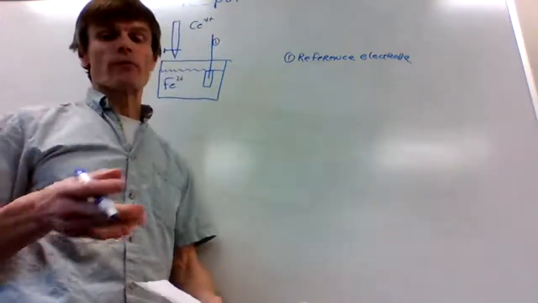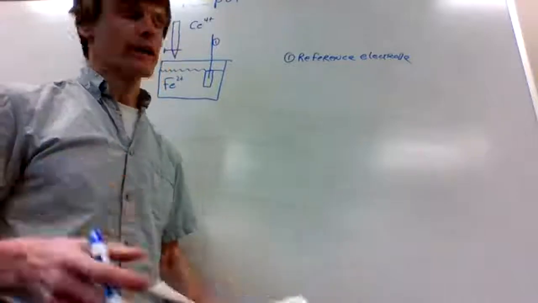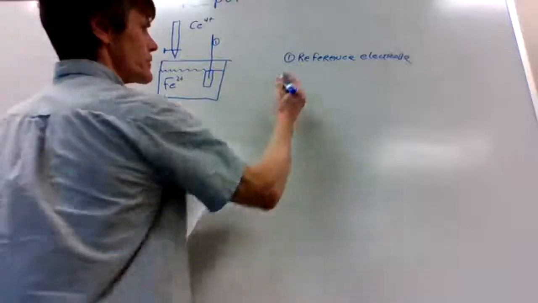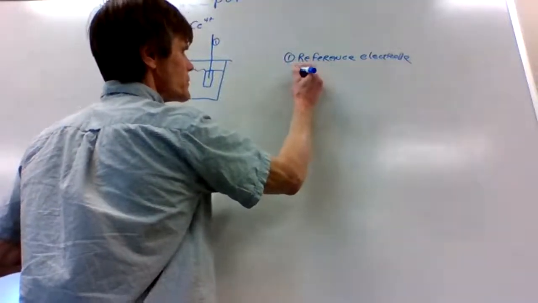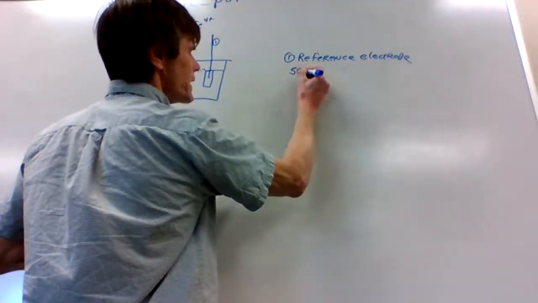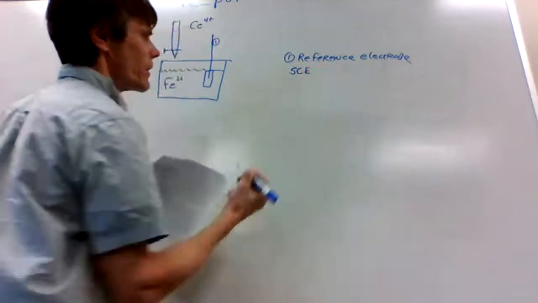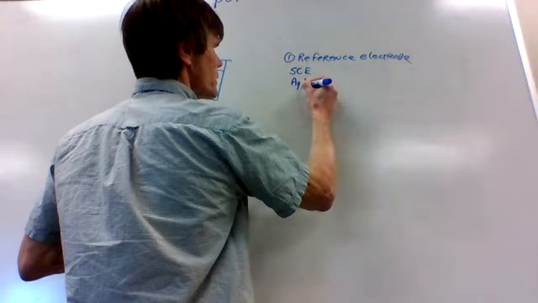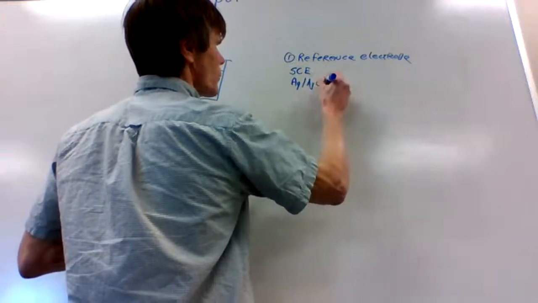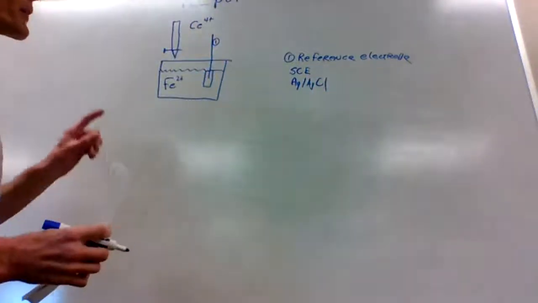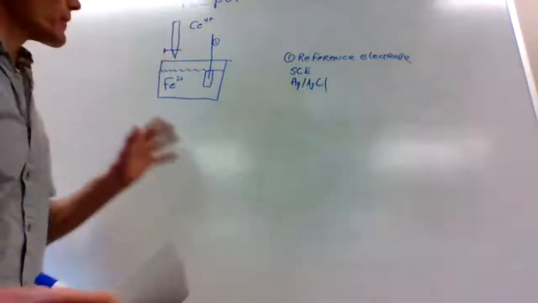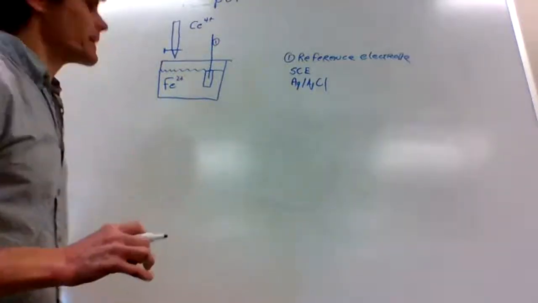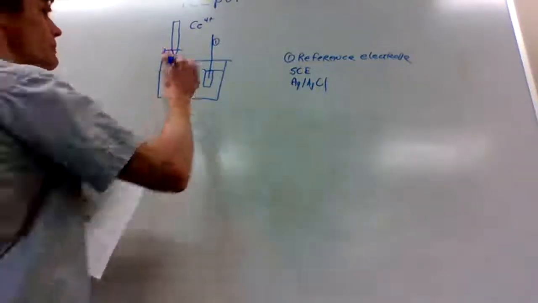We normally have, for some processes, a standard hydrogen electrode, but for redox titrations, some common reference electrodes include SCE, the saturated calomel electrode, and we also have silver chloride reference electrodes. Now, the reference electrode is designed such that it has a salt bridge already incorporated in the electrode itself.